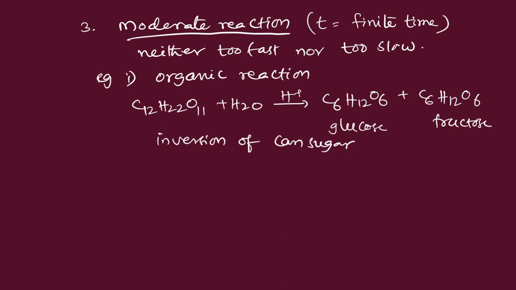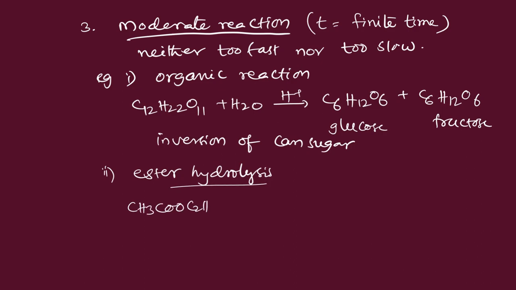Second one, ester hydrolysis. What is ester hydrolysis? We know that CH3COOC2H5 is called ethyl acetate. This ethyl acetate is simply called one ester.